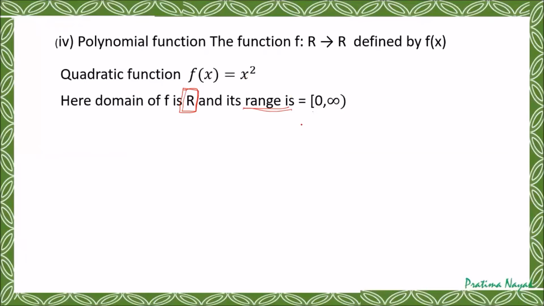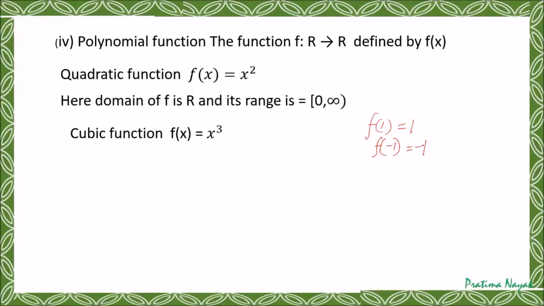Similarly, let us go for another polynomial function, that is the cubic function. The cubic function is f(x) = x cube. Will it be the same as the quadratic? No. Why? If I take f(1), it is 1 cube, which is 1, but if I take minus 1, it will be minus 1.